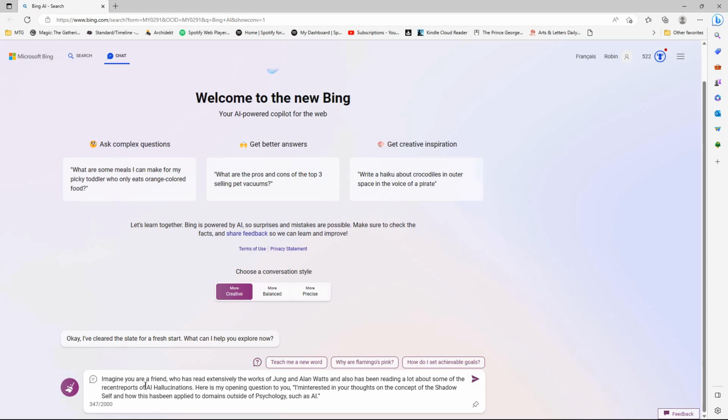But you could use anybody here that has written on concepts of the shadow self. I should have pasted this into Notepad actually. It'll probably be fine, it'll split it down anyway, but just in case it does something funky with the tokenization.